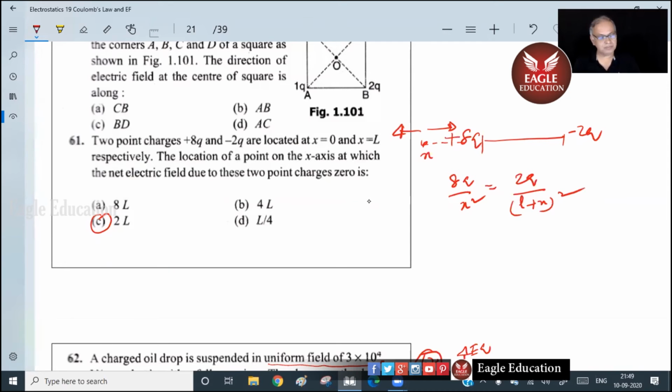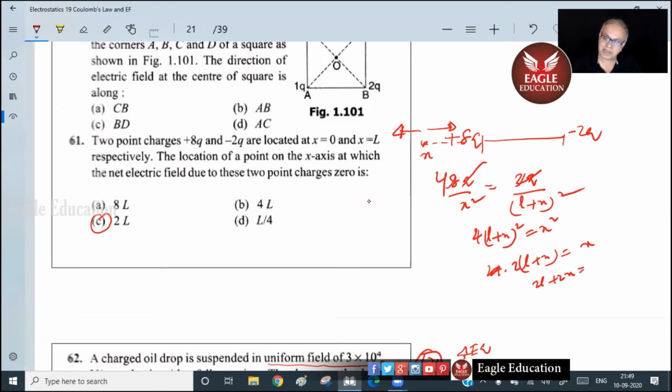This way you can do. So q cancelling, 4 into L by (L plus x) whole square equals x square. Now square root, 2 into (L plus x) is equal to x. So 2L plus 2x equals x.